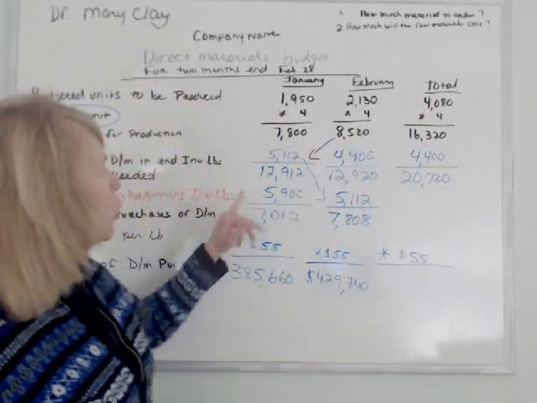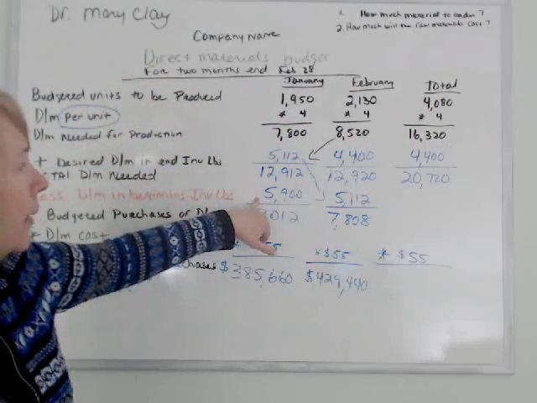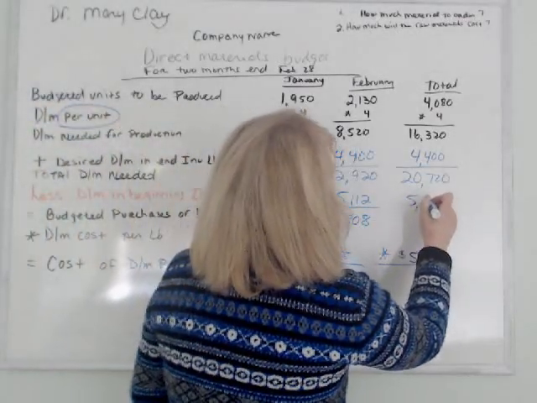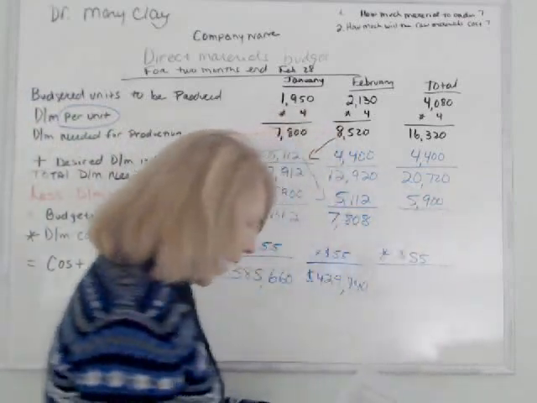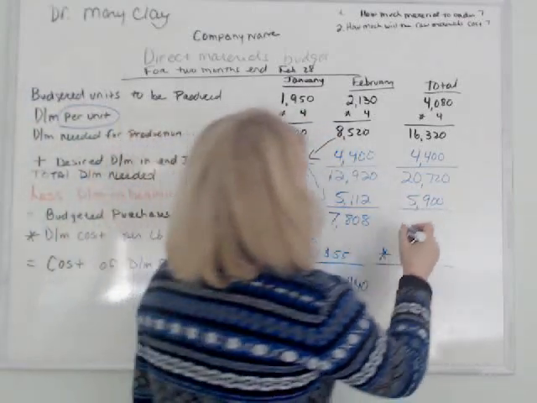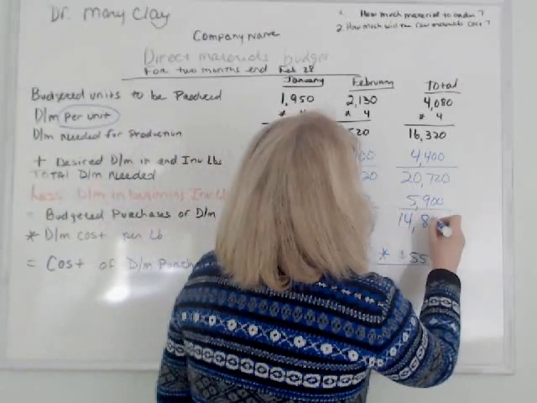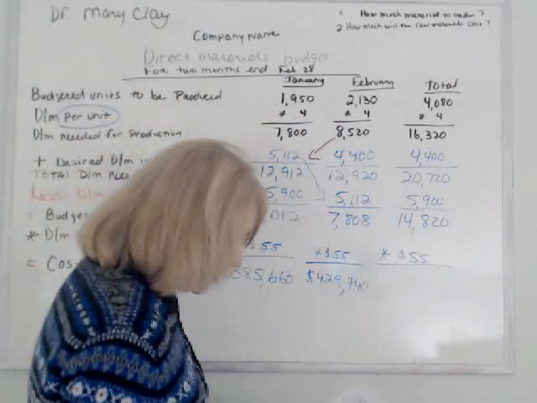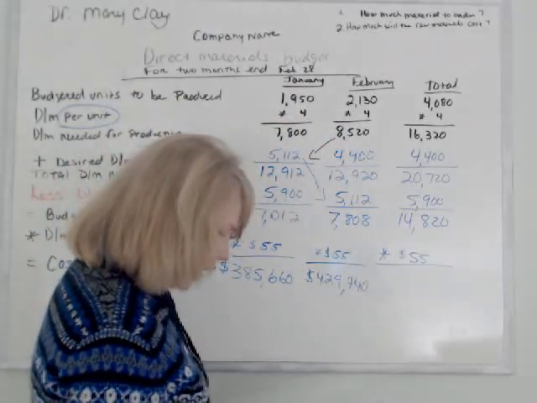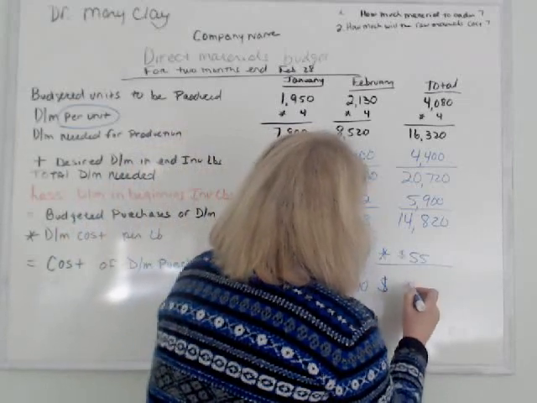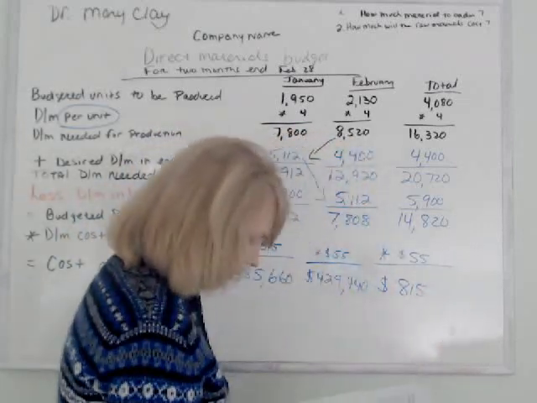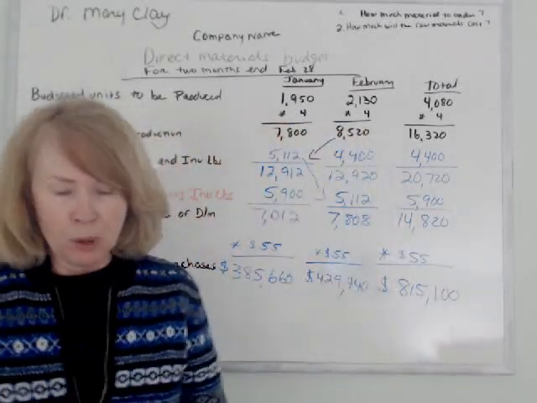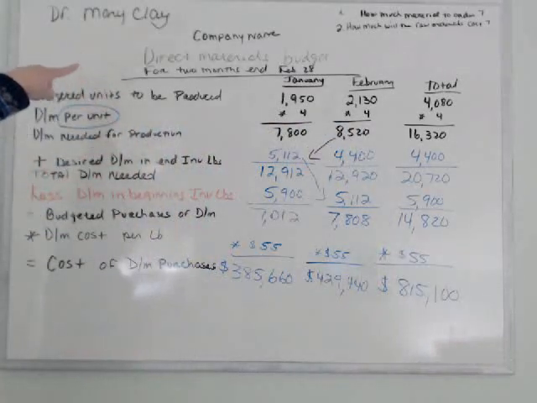My beginning inventory, though, I'm going to go all the way back to January. That's my beginning, and I input that number, 5,900. Remember, I will subtract that number. I get 14,820. I'm almost done. I'm going to take the 14,820 times 55, and that gives me $815,100.